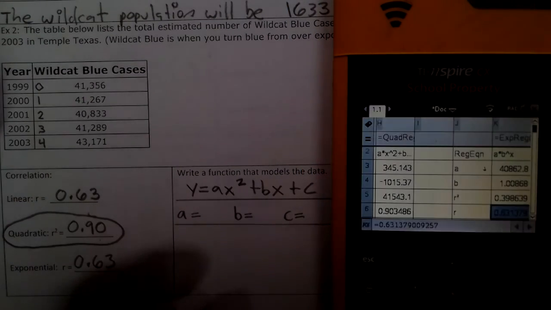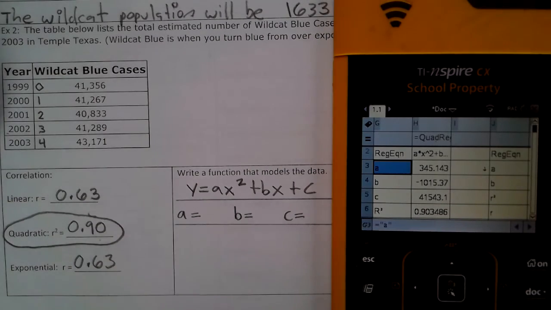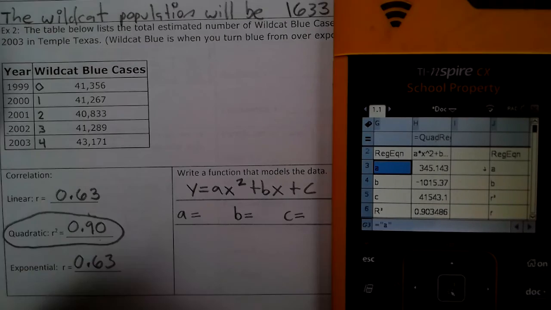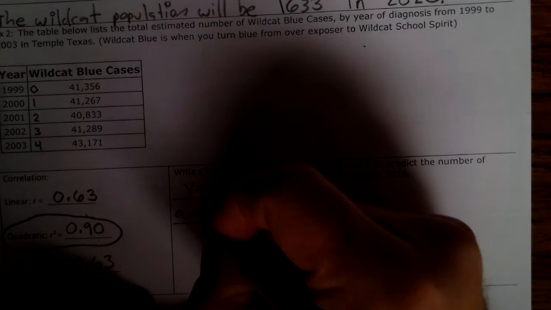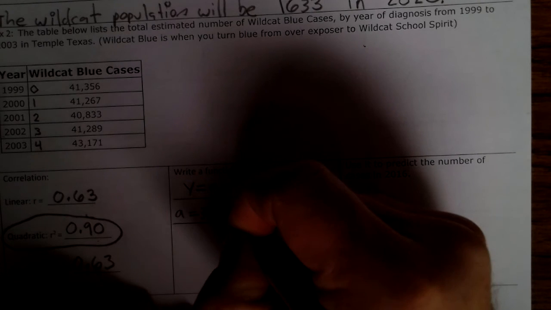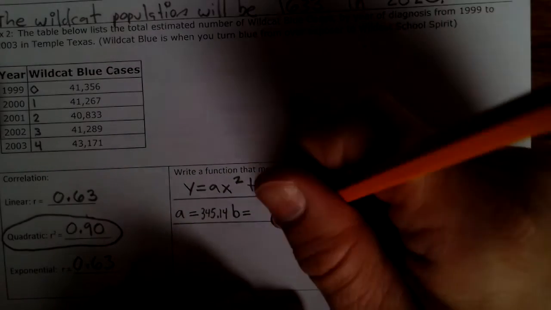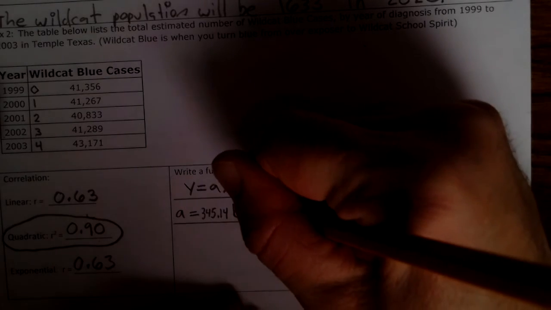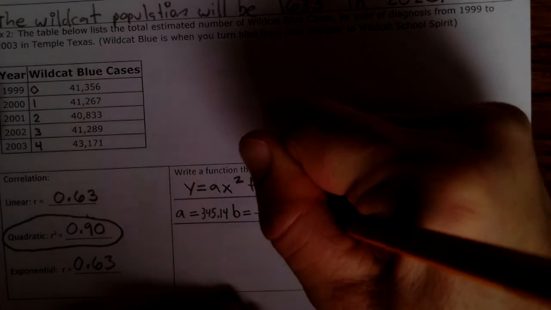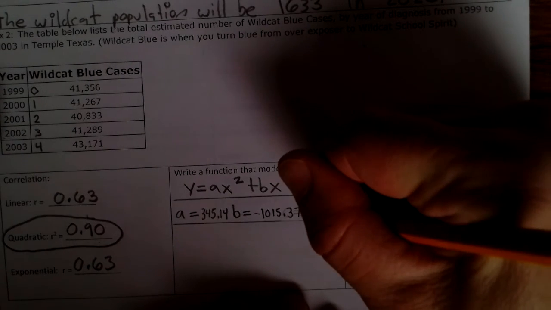B is negative, it's a big number, let me use space, negative 1015.37. And then C is 41,543.1. Guess we'll have to steal some space from this part of the problem.